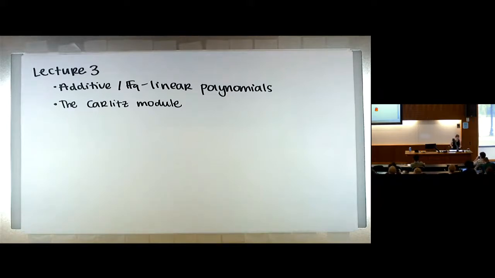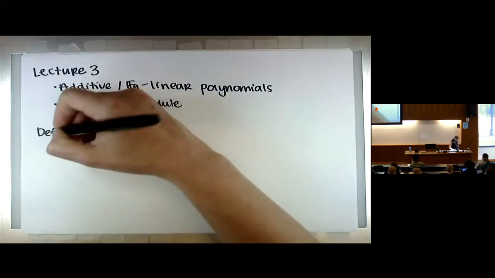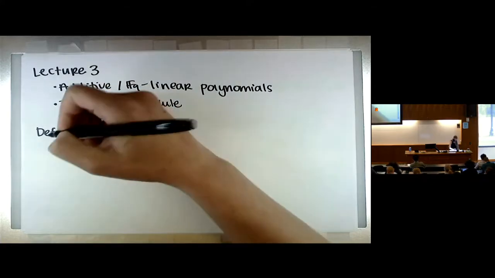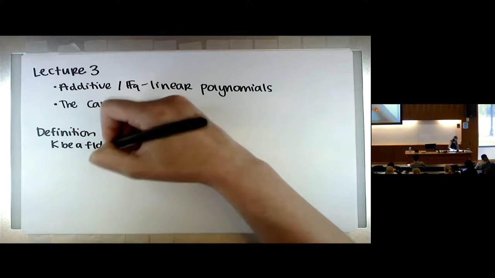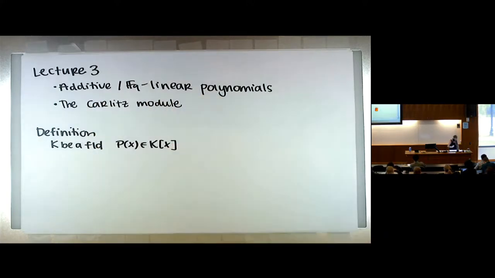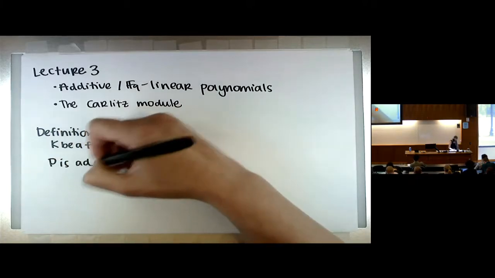So last time I introduced the definition of additive. I'll just repeat it because it's already been 24 hours. So I'll have K be a field and P a polynomial with coefficients in that field. And I'll say that P is additive.